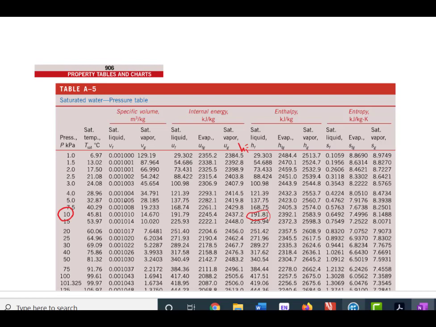That can also be found here. For saturated liquid, again for this pressure, we have this much for VF. And by this method, we can find the properties for state 1, which are H1 and V1.